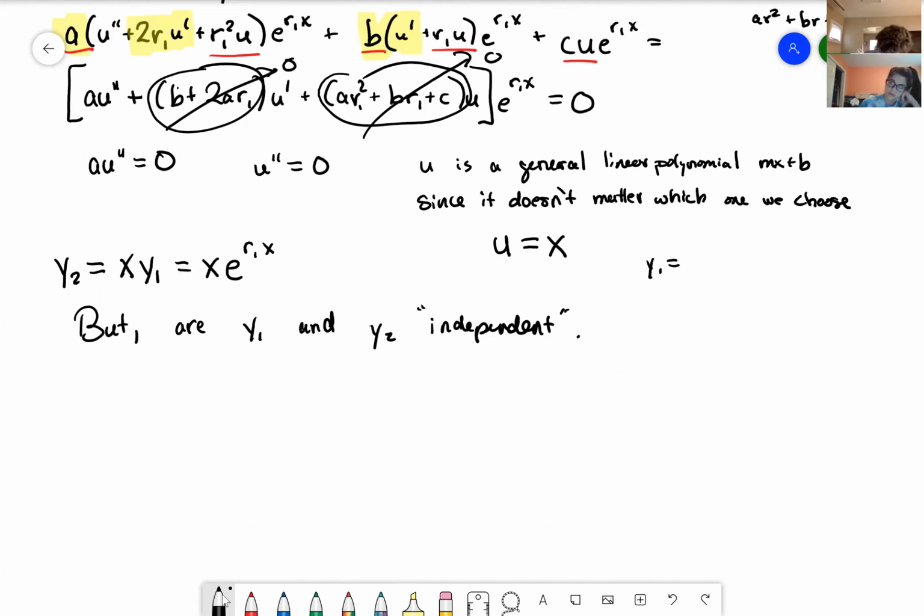So I'll just summarize what we have so far. y1 is equal to e to the r1x, and y2 is equal to x e to the r1x. And so y1 prime is equal to r1 e to the r1x, and y2 prime, well, this is a little bit more work, is equal to e to the r1x plus r1x e to the r1x. So just by product rule.